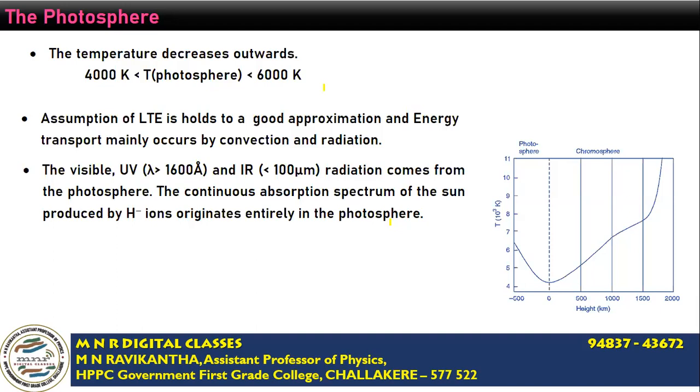So I will repeat again. Earlier, it was believed that the Fraunhofer lines in the solar spectrum originated from the lower part of the chromosphere, but now it is believed that most of the Fraunhofer lines originate from the photosphere only.